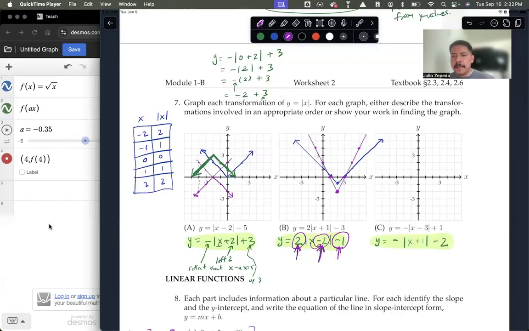All right. Finally, we can do this last one here. This is going to shift left 1 unit. Then I will reflect about the x-axis. And then finally, down 2.